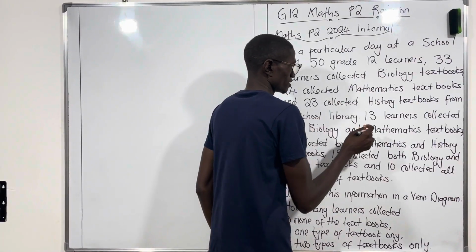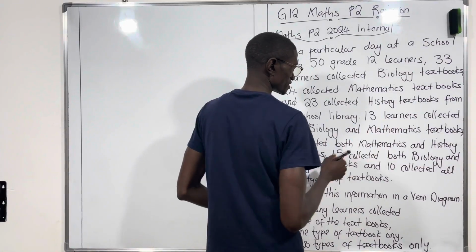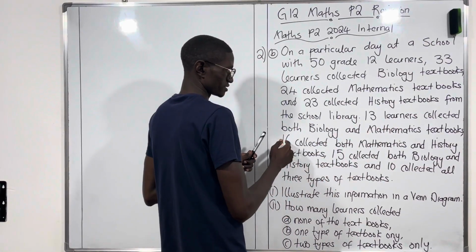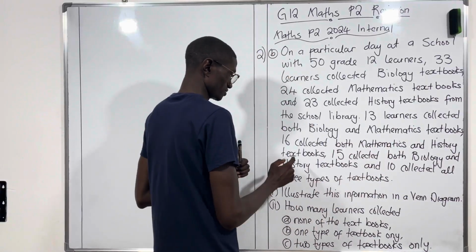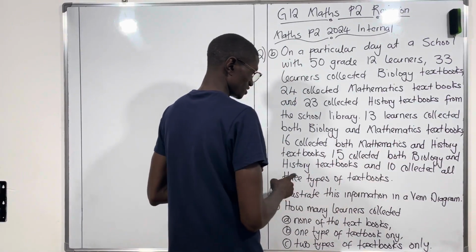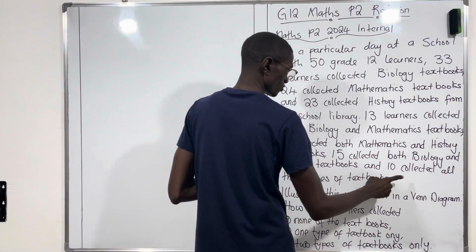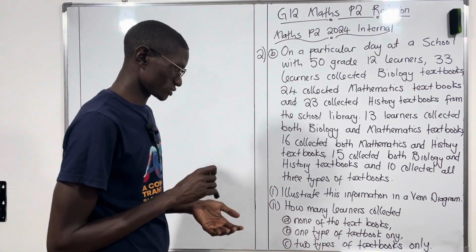Okay? 13 learners collected both biology and mathematics textbooks. 16 collected both mathematics and history textbooks. 15 collected both biology and history textbooks, and 10 collected all three types of textbooks.